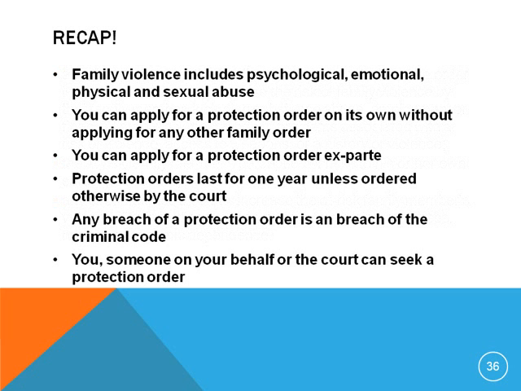So if a woman comes to me and says, well, we're separating, I'm terrified of him, he's making all kinds of threats, I can make an urgent application to the court without notifying the person who we're getting an order against, draft up the affidavit, go in and try and get the order. Protection orders last for 1 year unless ordered otherwise by the court.